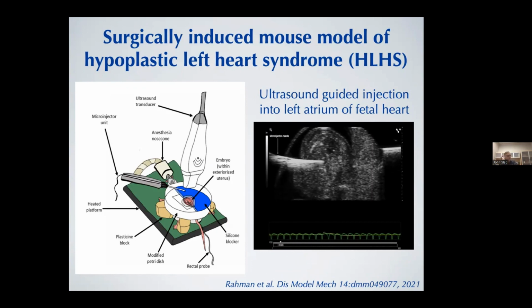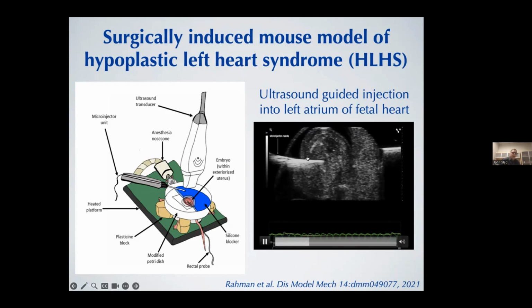And so the way that we created this model is via an ultrasound-guided injection into the left atrium of the fetal heart at 14.5 days of gestation. Here's a schematic of the surgery on the left. You have to exteriorize the fetus and then use the ultrasound to find the left atrium, which, as you might imagine, is extremely small at that age.